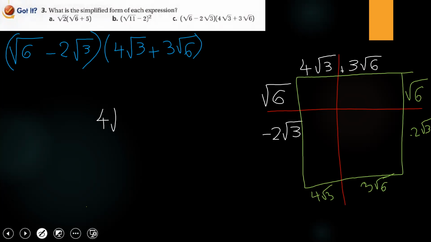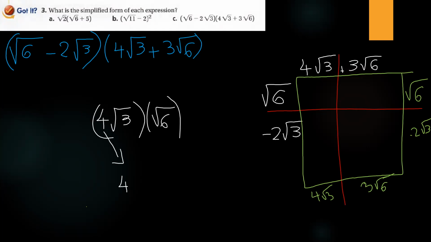What we have to do first, put 4 down, and then multiply the numbers under the square root. The square root of 3 times the square root of 6 is what? Square root of 18. So here we have 4 square root of 18. This is for the first one.